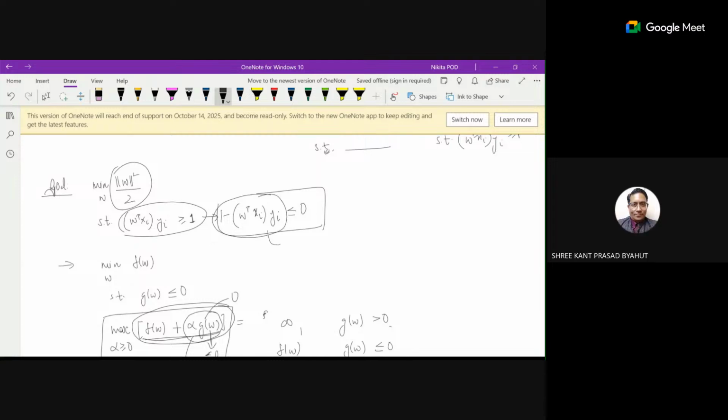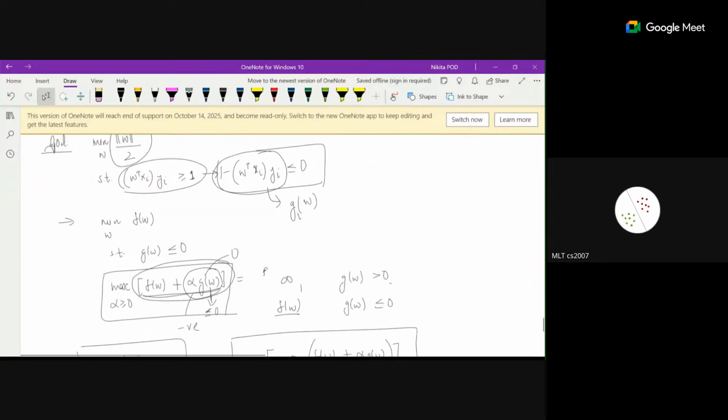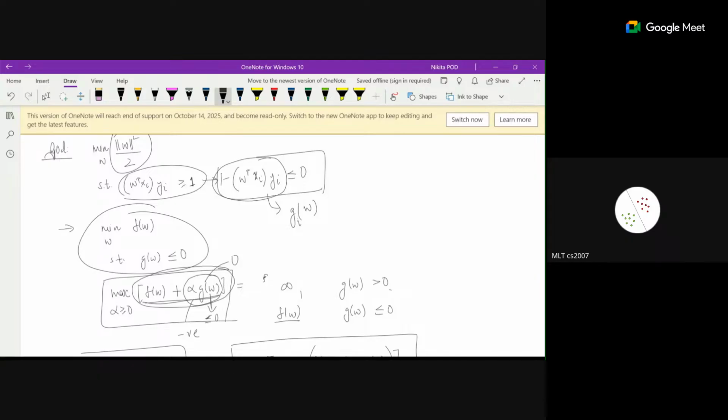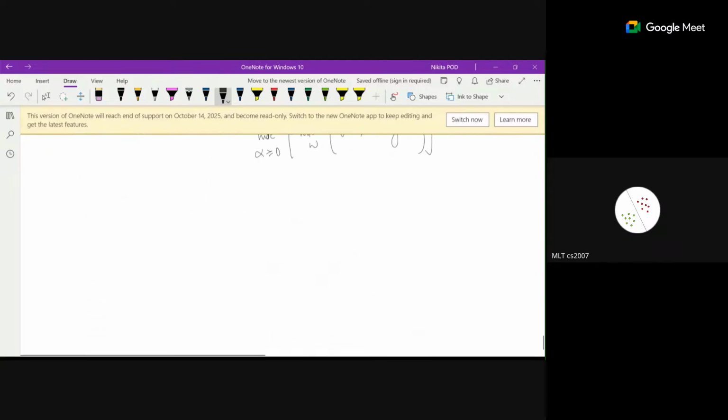Call this the standard form of the Lagrangian. Now I can write this as Gi of W. So the problem is minimize norm of W squared by 2 subject to the constraint that 1 minus W transpose Xi Yi is less than or equal to 0 for all i.